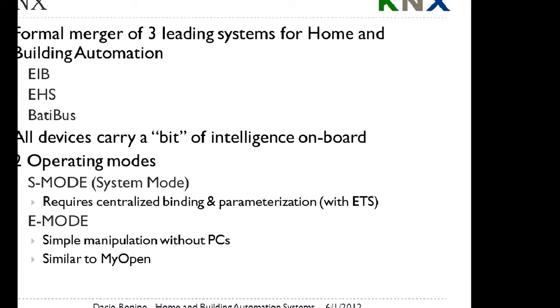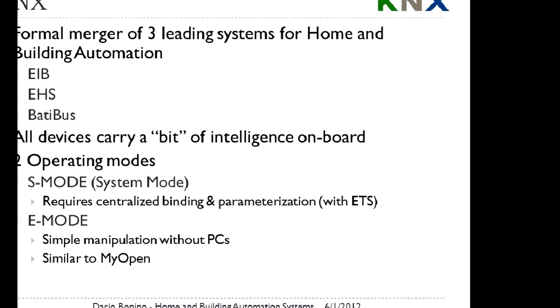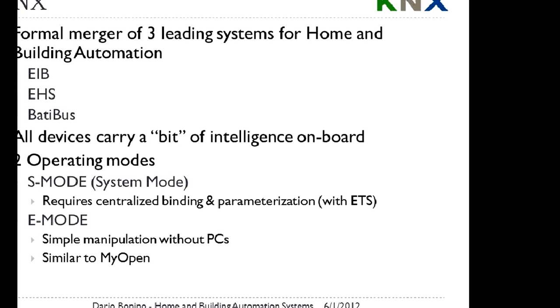And reflecting this additional complexity, we have two modes for configuring the device. One, which is the most used in the building automation side, is called the S mode or system mode, and requires a computer with a specific program, which is named ETS. Okay? Everything is done with this program.